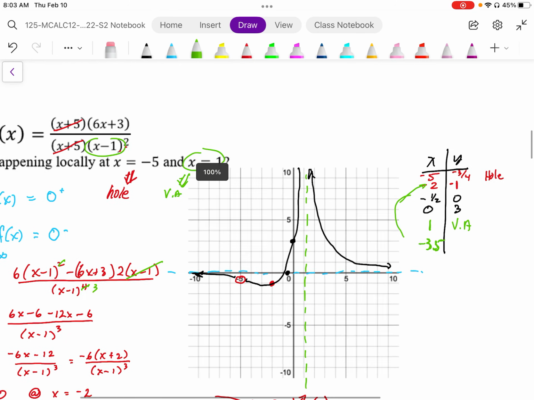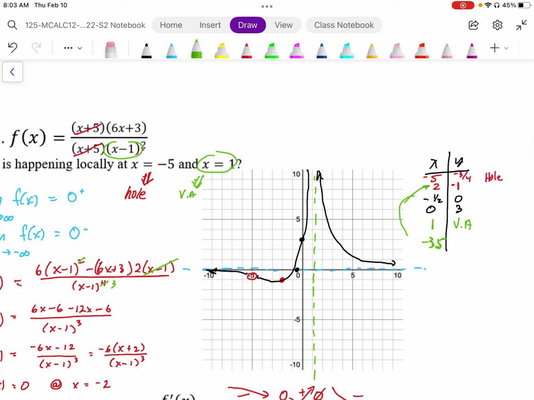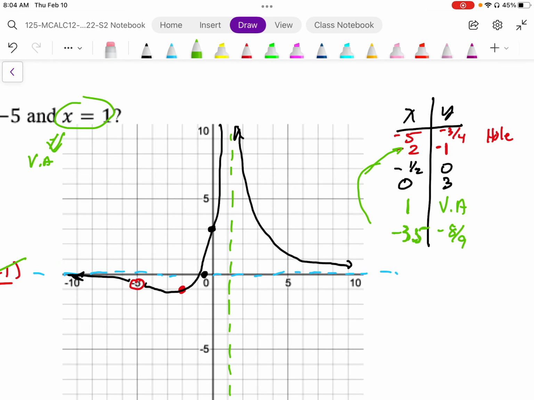Plugging that into my calculator here, I'm going to end up with 6 times -3.5 plus 3, that gives me -18 in the numerator, and then I get -4.5 squared in the denominator. That's going to give me negative 8 over 9. So just a little bit, almost to negative 1.